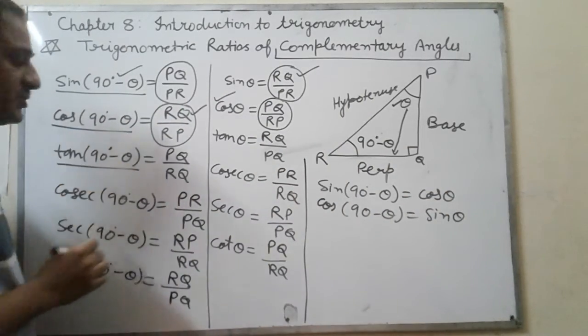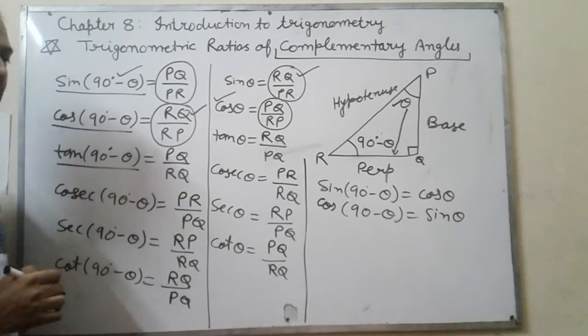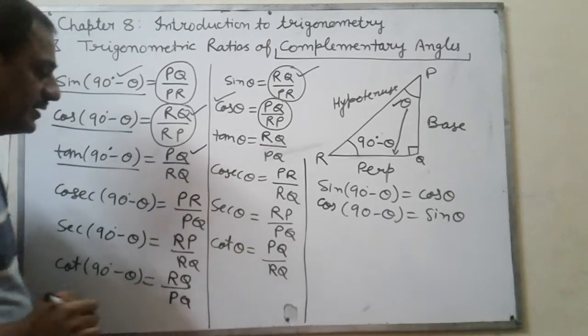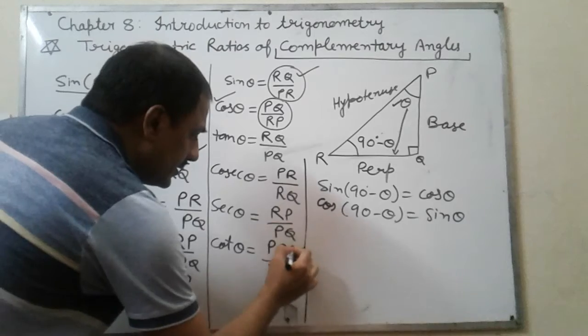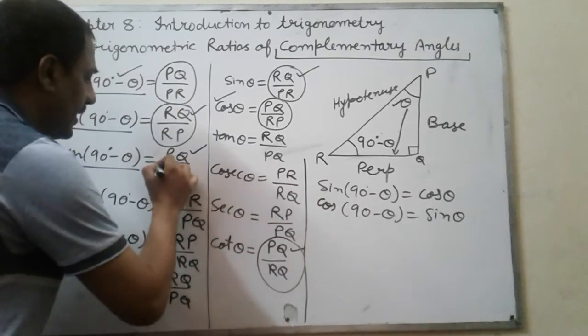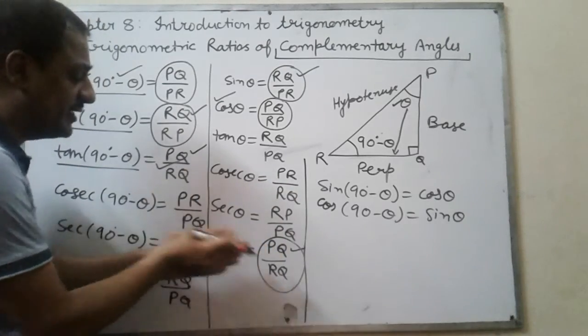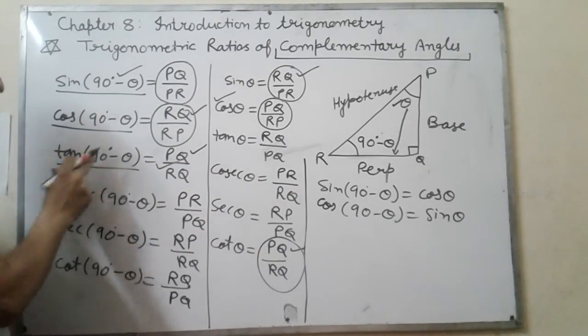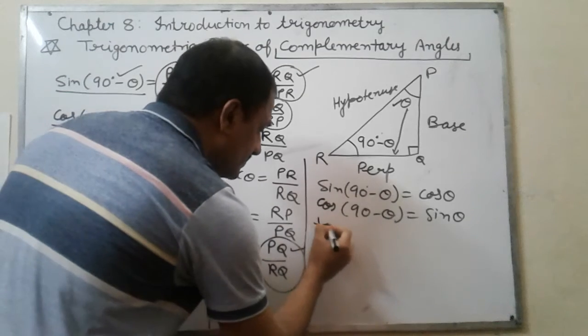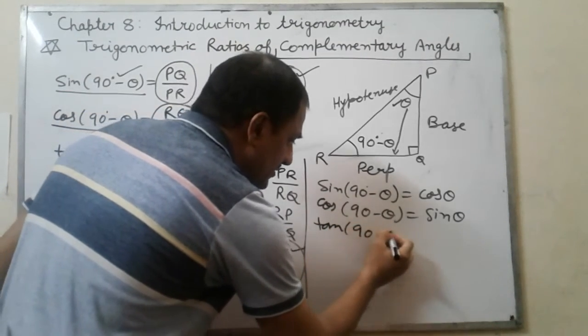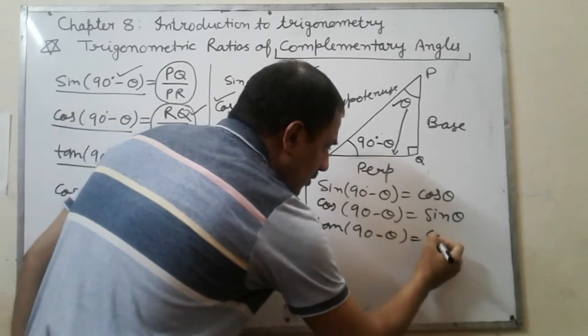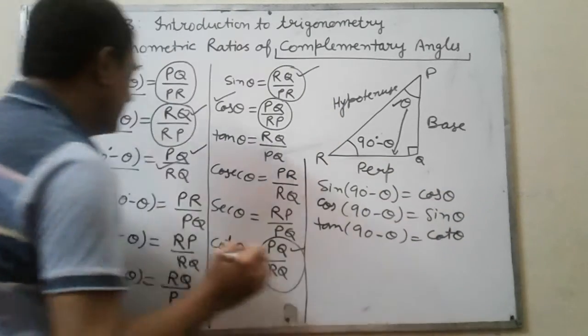Tan 90 minus theta is equal to PQ upon RQ, and here PQ upon RQ is here. The right hand sides are equal, then we say that tan 90 minus theta is equal to cot theta.